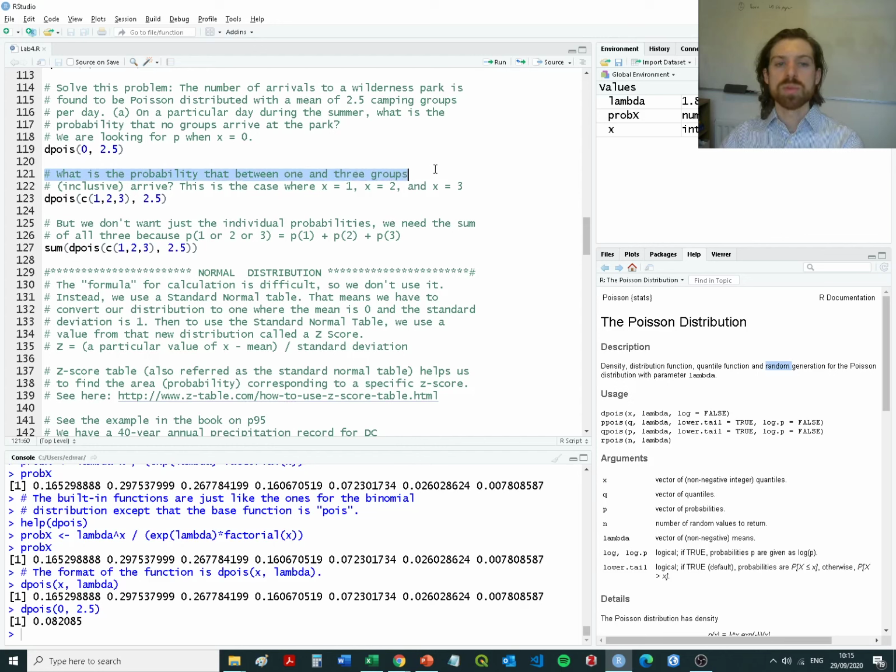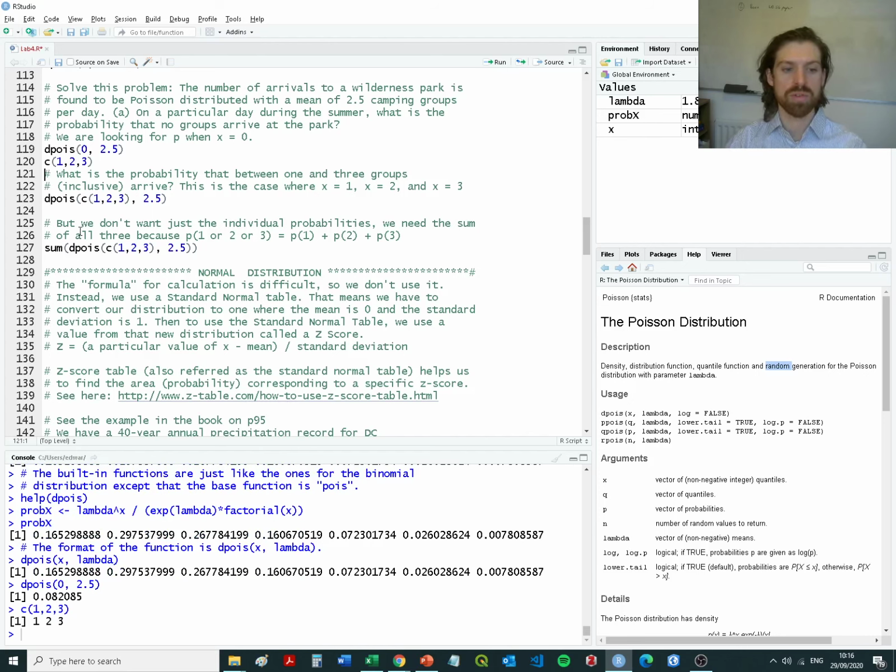Then what's the probability between 1 and 3 groups actually arriving? And we want to include 1 and 3. Those values need to be included. So here we're interested in x values of 1, 2, and 3. So let's run the function. What this does, so c brackets 1, 2, 3, is just specifying the vector.